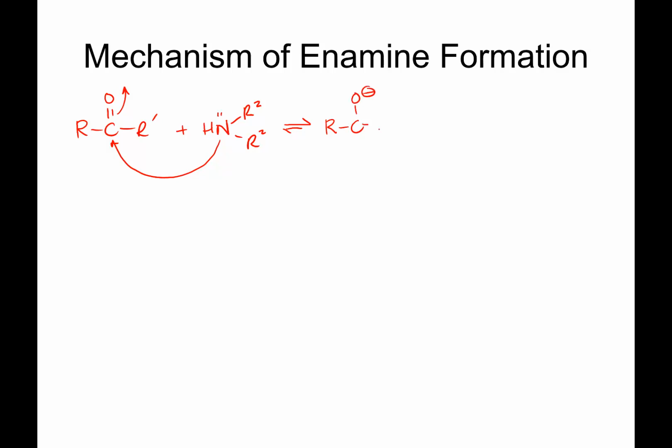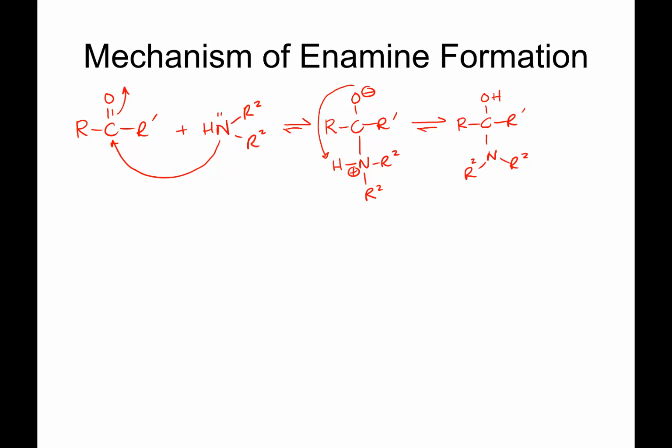We'll form our zwitterion, with our nitrogen having a positive charge, and then the O minus will grab the proton, so that we'll form our hemiaminal in this case.